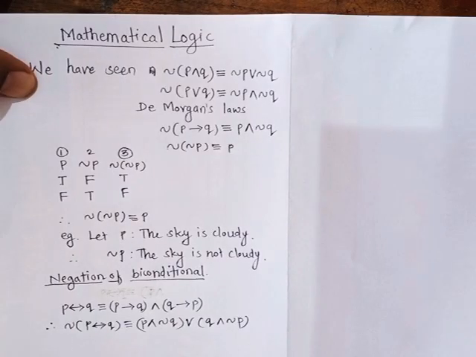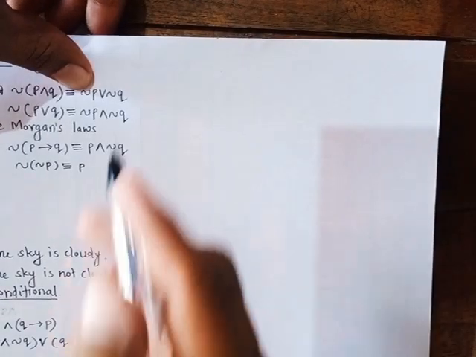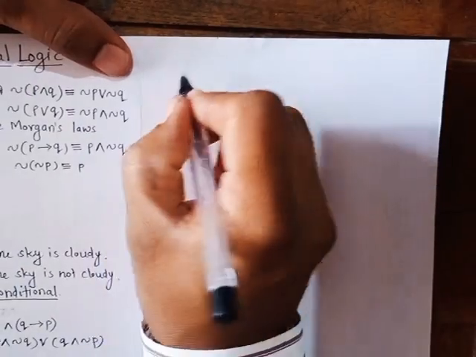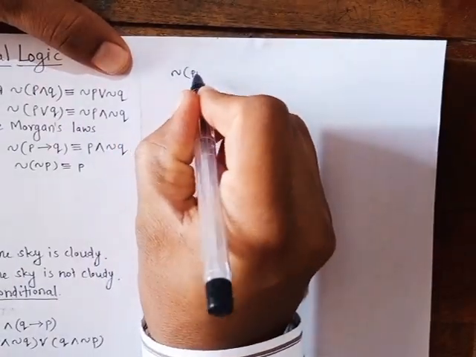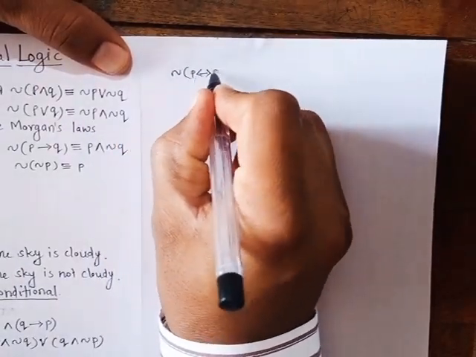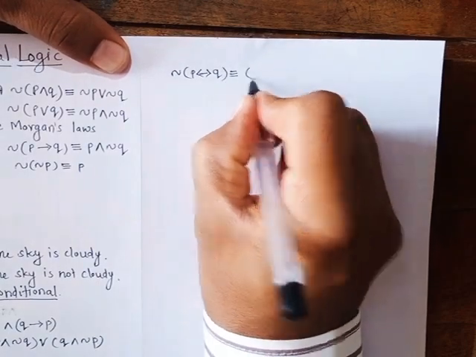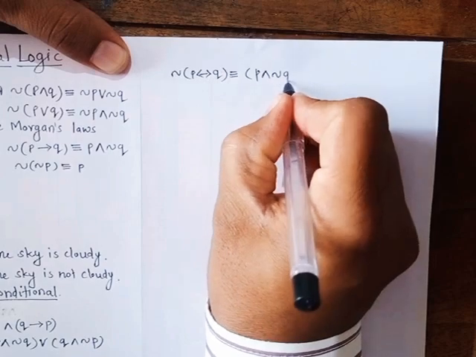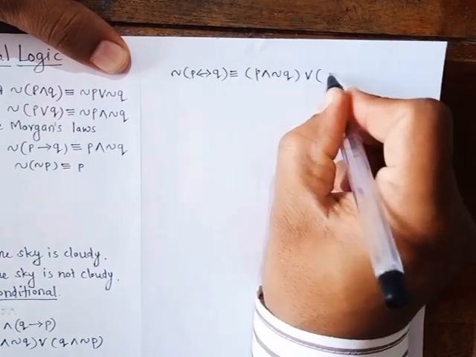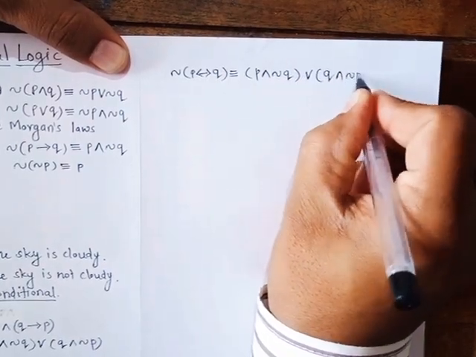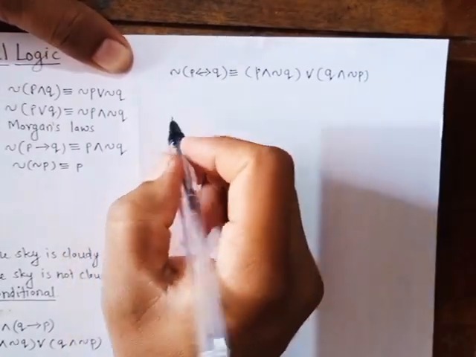We can prove this result by using truth tables as follows. We have to prove negation of P if and only if Q is equivalent to P and negation Q or Q and negation P, right?